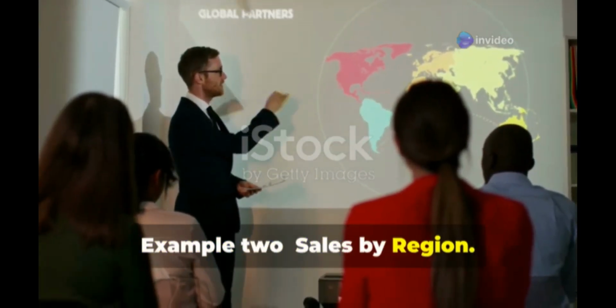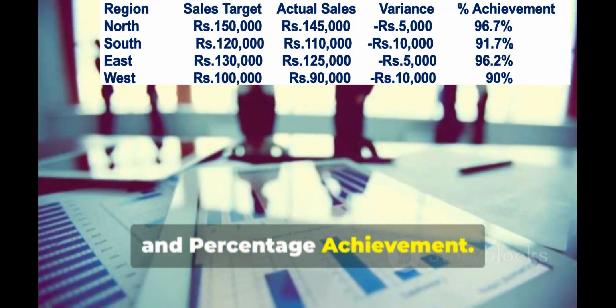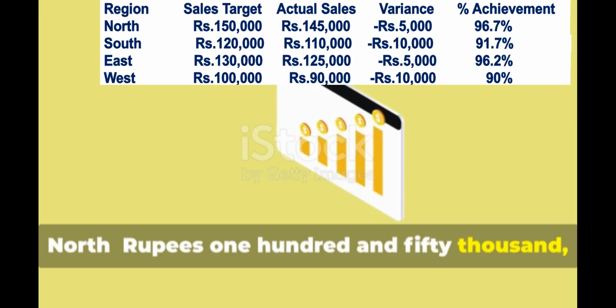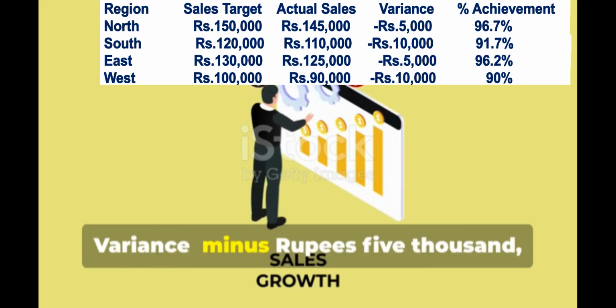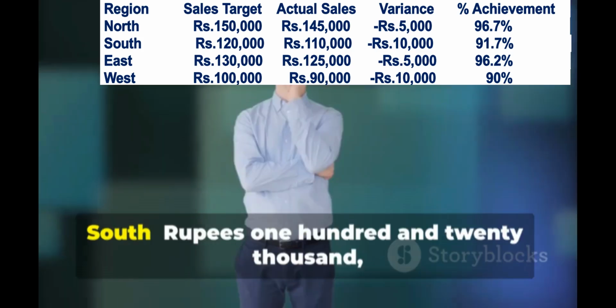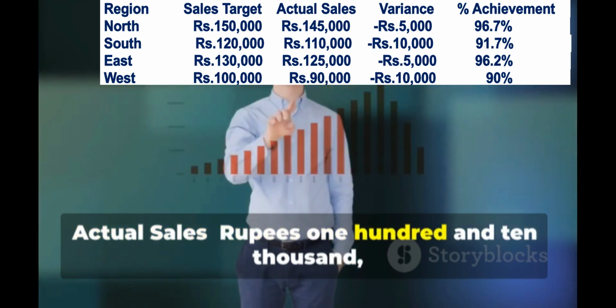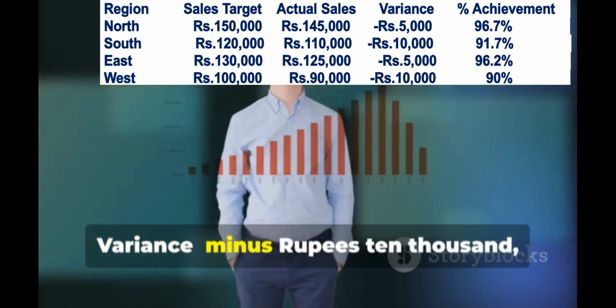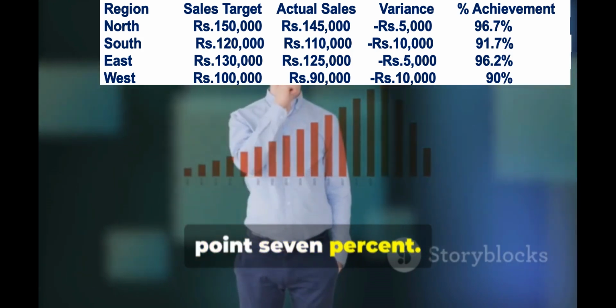Example 2, sales by region. Region, sales target, actual sales, variance and percentage achievement. North: target rupees 150,000, actual sales rupees 145,000, variance minus rupees 5,000, and percentage achievement 96.7%. South: target rupees 120,000, actual sales rupees 110,000, variance minus rupees 10,000, and percentage achievement 91.7%.